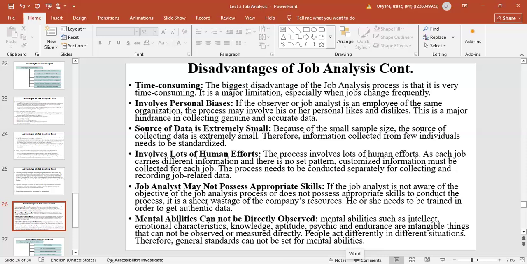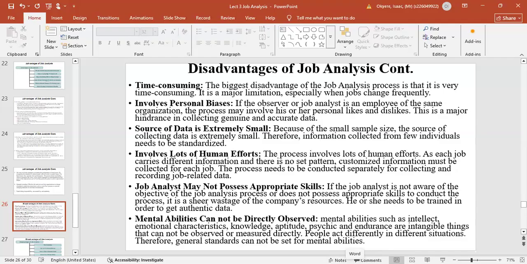The person can bias the information that he will get, or those who give the information can give information that fits them.